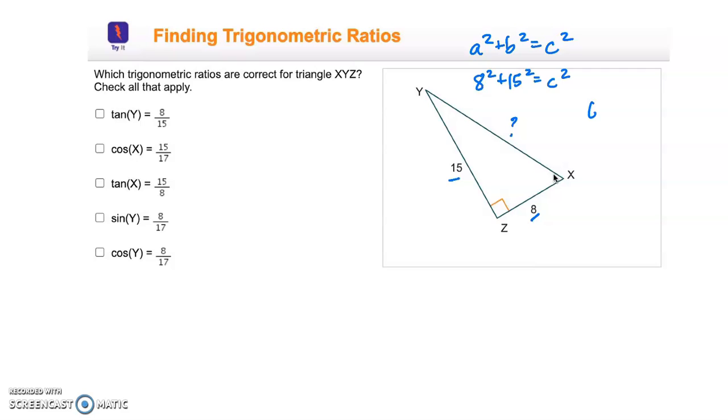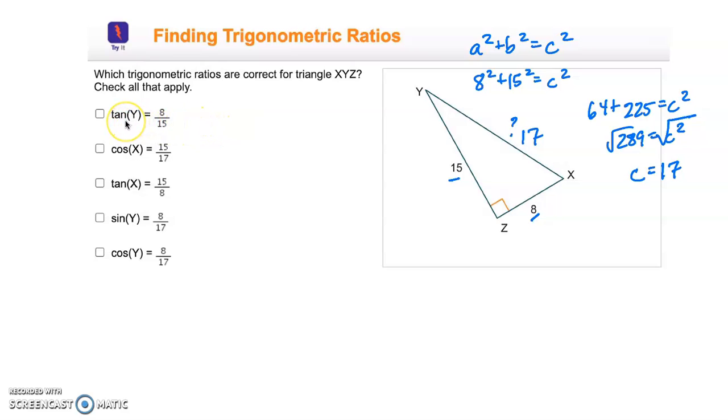So that's 64 plus 225 is equal to c squared. And if we take the square root of both sides, we find that c is equal to 17.